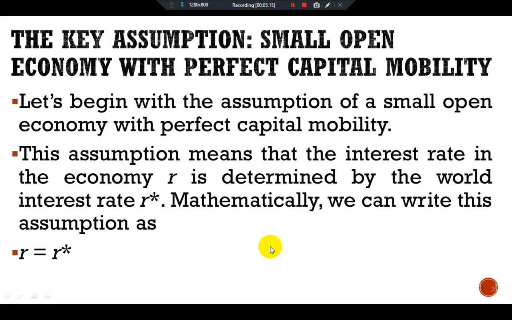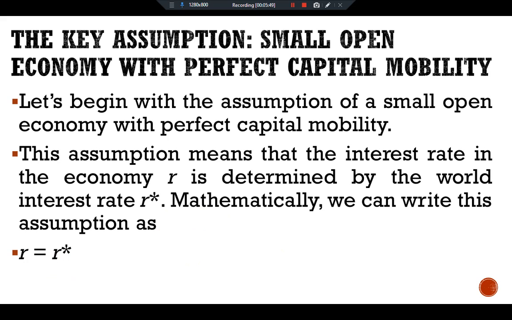This world interest rate is assumed to be exogenously fixed because the economy is sufficiently small relative to the world economy that it can borrow or lend as much as it wants in the world financial markets without affecting the world interest rate. Although the idea of perfect capital mobility is expressed with a simple equation, it is important not to lose sight of the sophisticated process that this equation represents.